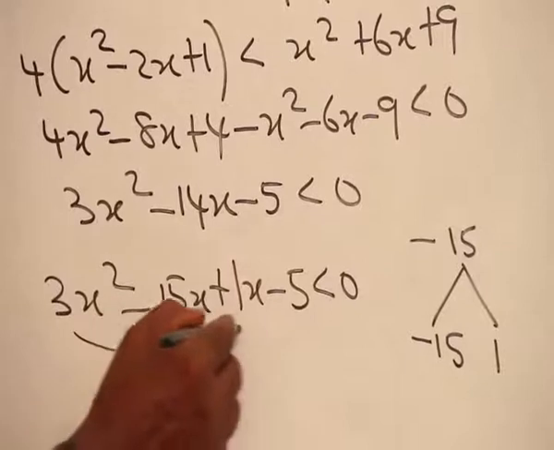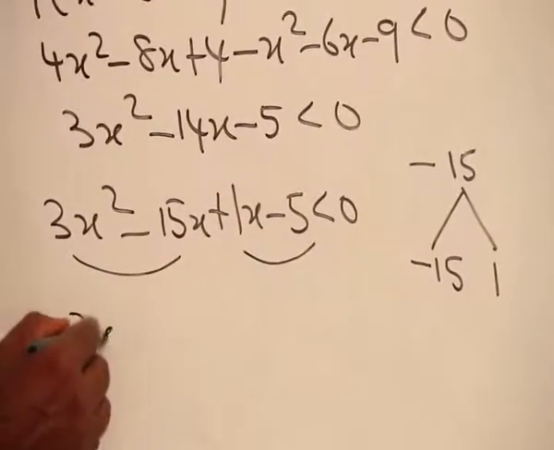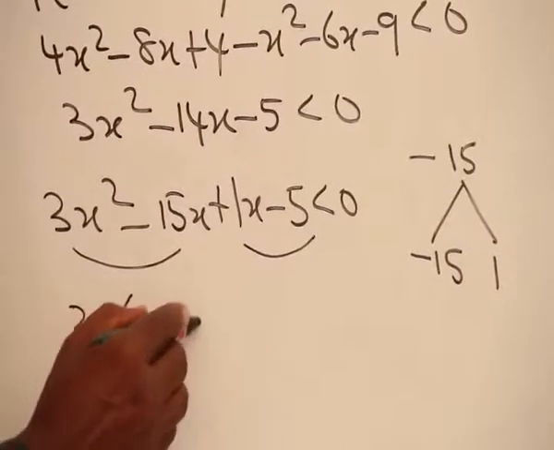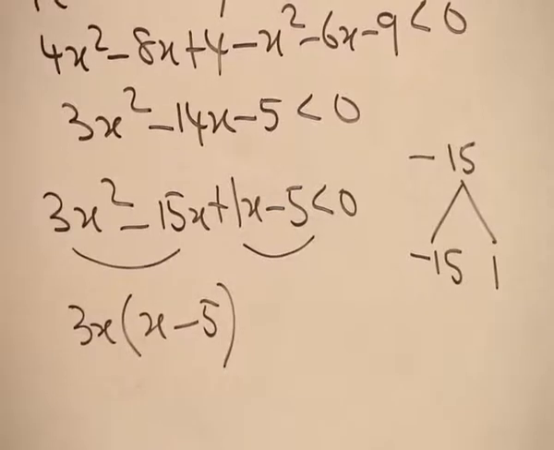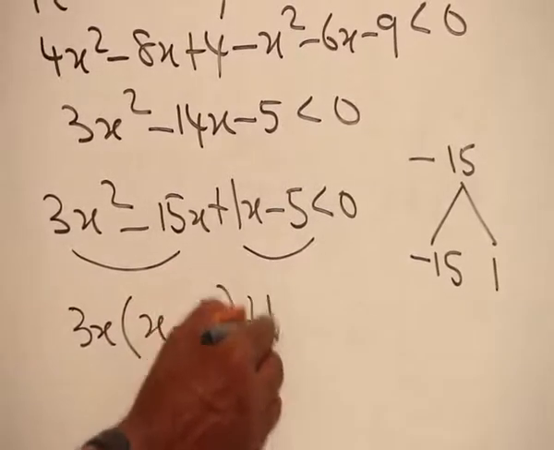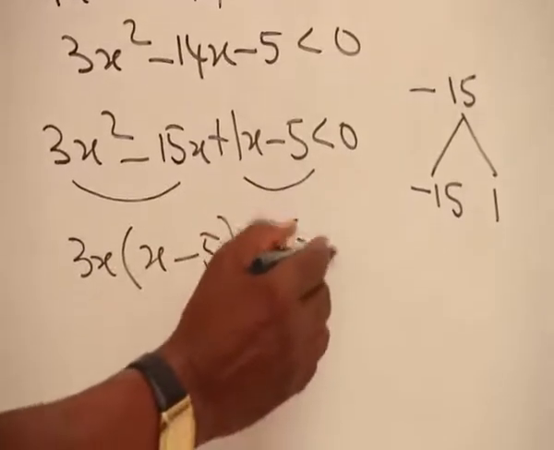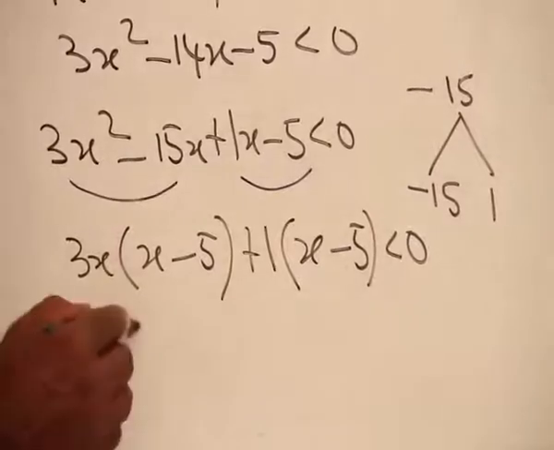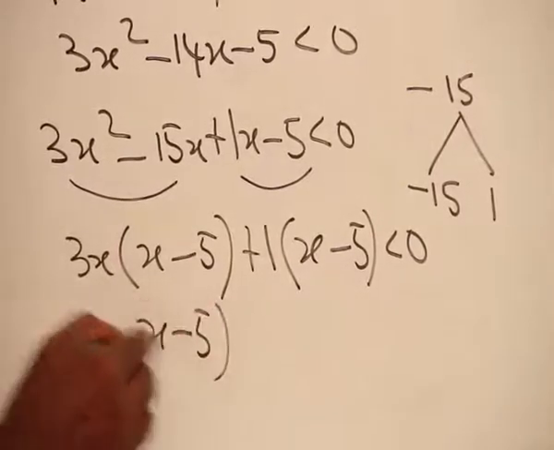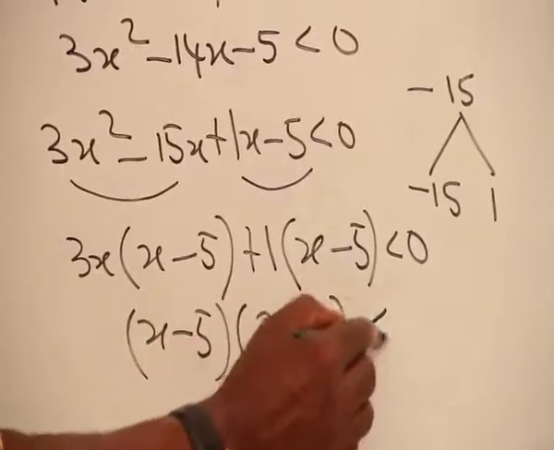We will now group them as we have been doing, so that will give us 3s into s minus 5, close that. Then we also have plus 1, which is the obvious factor there, and this is s minus 5. It's less than 0. At the end we have s minus 5, and then we also have 3s plus 1 less than 0.